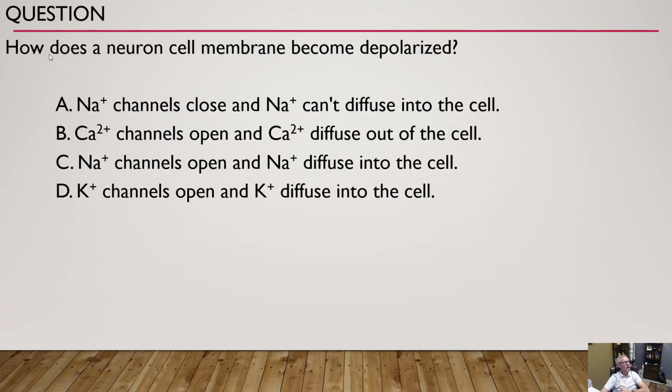All right, how does a neuron cell membrane become depolarized? Sodium channels close and sodium can't diffuse into the cell. Calcium channels open and calcium diffuses out of the cell. Sodium channels open and sodium diffuses into the cell. Potassium channels open and potassium diffuses into the cell.